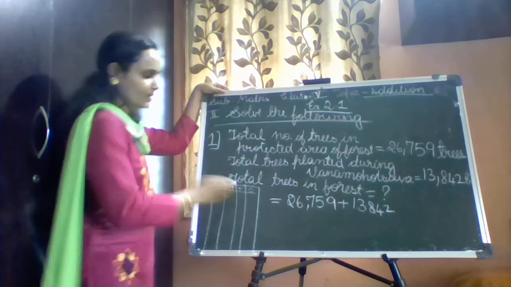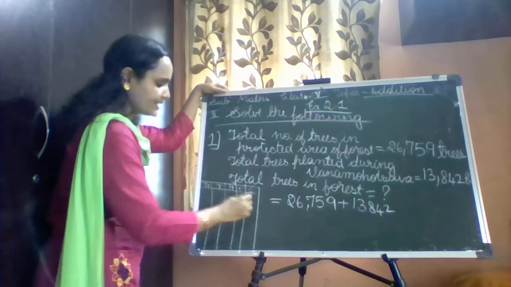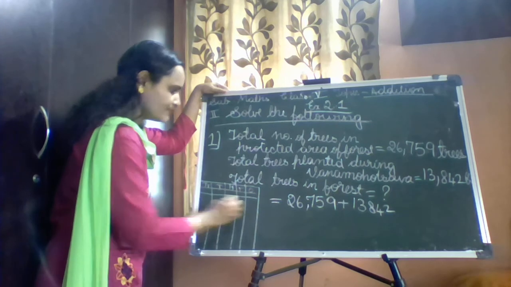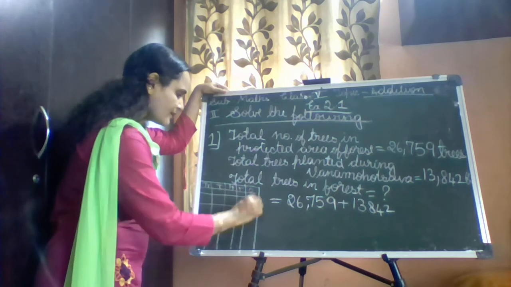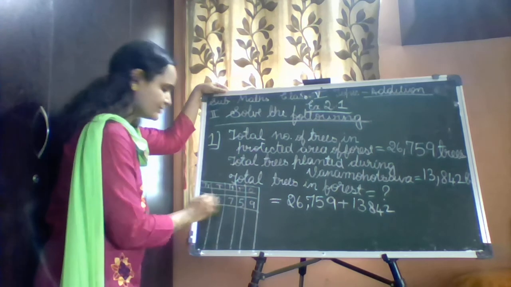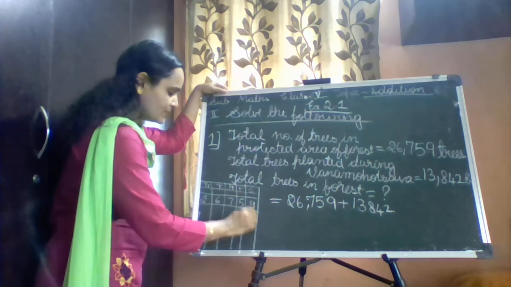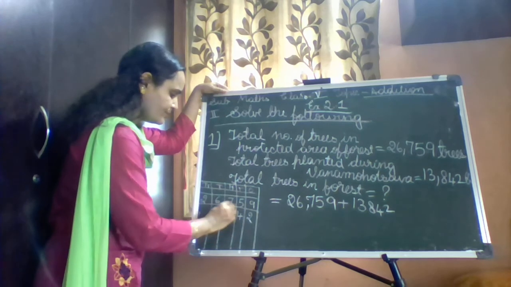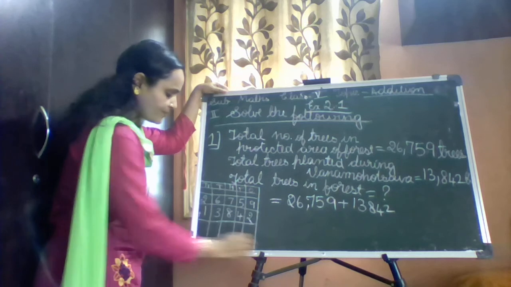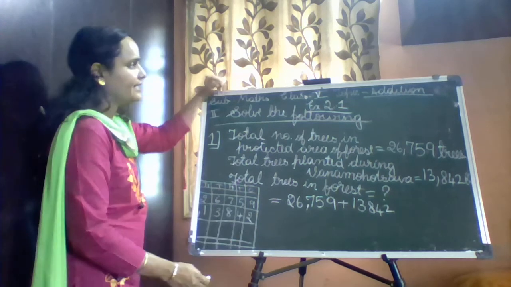If you get confused writing the numbers, write it from the right side. Leave the first column blank, the second column 9, 5, 7, 6 and 2, that is 26,759. Then the next one is 2, 4, 8, 3 and 1, that is 13,842.